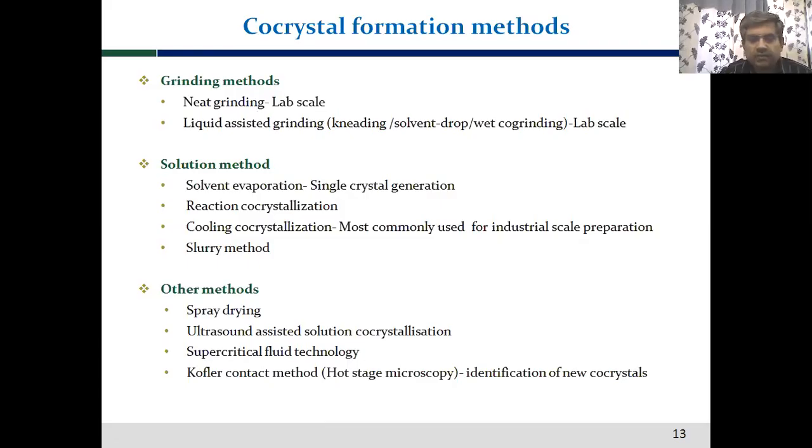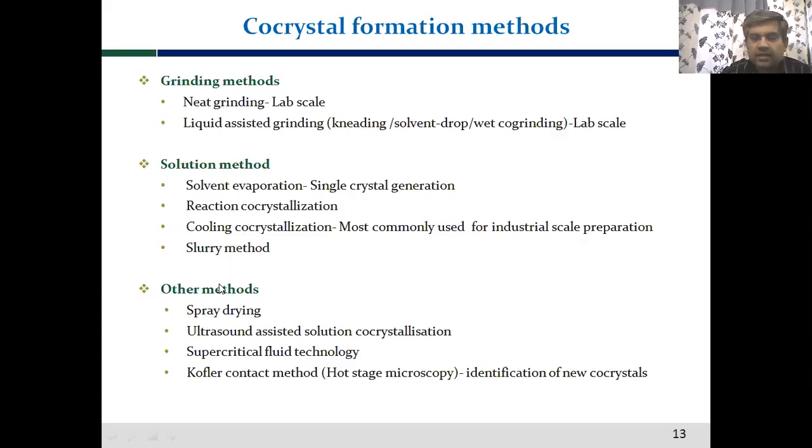So here, instead of grinding it neat, you add a very small quantity of solvent into the mortar and pestle and then grind it. So this is the most common method that has been reported in literature for screening the formation of the co-crystals. Then there are solution-based methods like solvent evaporation, reaction co-crystallization, cooling co-crystallization, and slurry method.